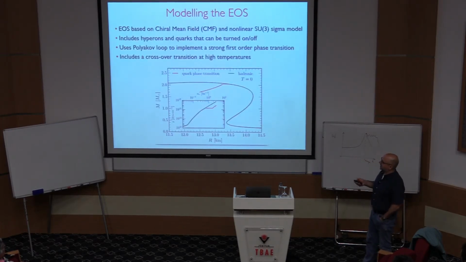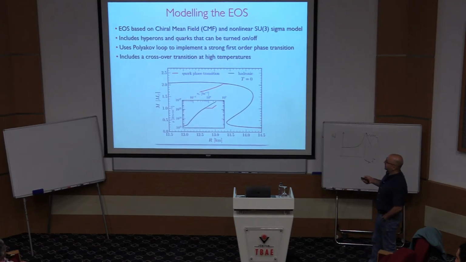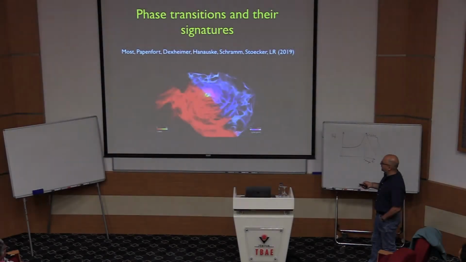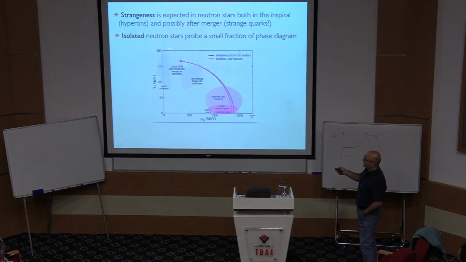What we've done is consider an equation of state which is based on CMF and a nonlinear SU(3) sigma model. This includes hyperons and quarks, and these hyperons and quarks can be switched on or off at our will. We use a Polyakov loop to implement a strong first order transition, and at high temperature we use a crossover so that we can reproduce the prediction from lattice QCD that there should be a crossover.